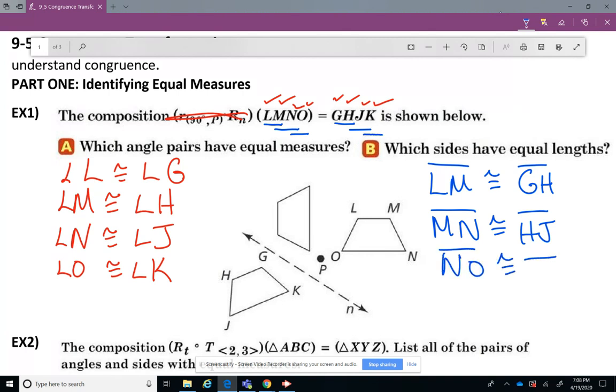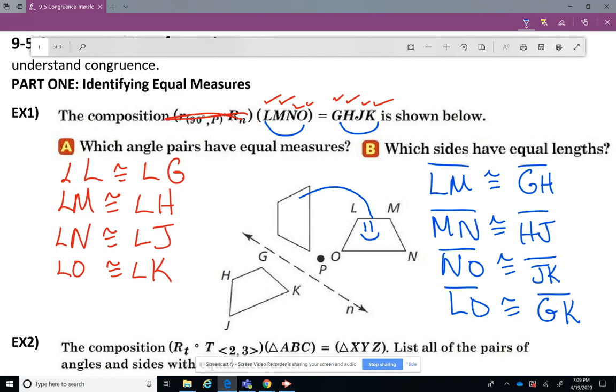NO is congruent to JK. And then the last one, whichever way you want to write it, you can either call it LO or OL. I'm going to do LO is congruent to GK.